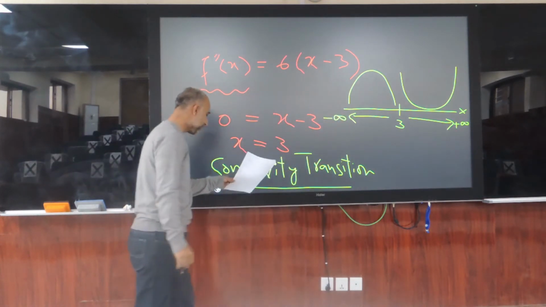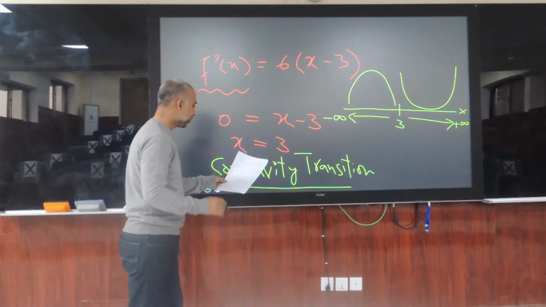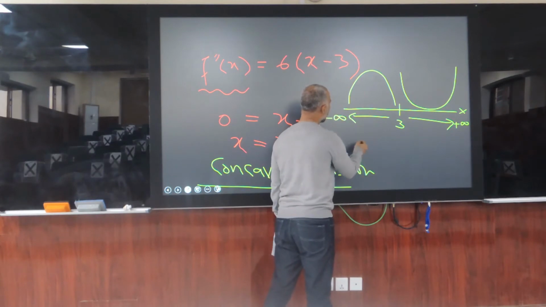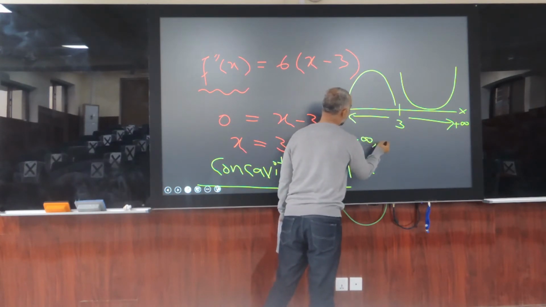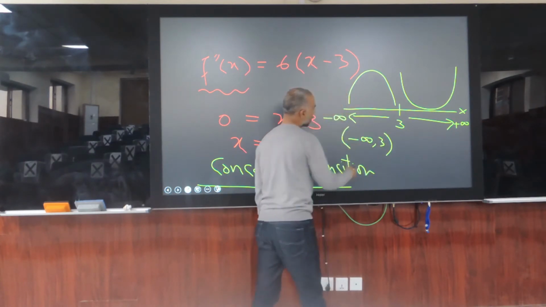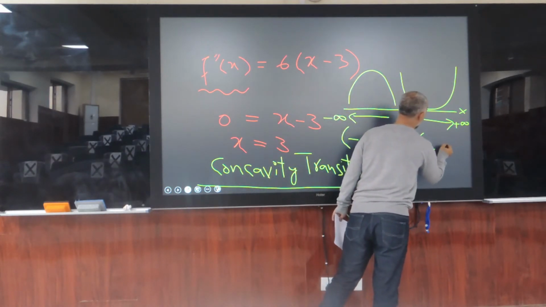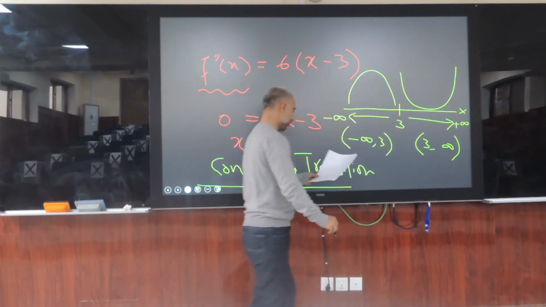Now the concave downward interval is from minus infinity to 3, and the upward interval is from 3 to positive infinity.